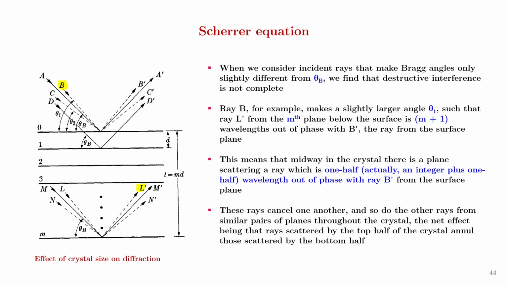These rays cancel one another, and so do the other rays from similar pairs of planes throughout the crystal, the net effect being that rays scattered by the top half of the crystal annul those scattered by the bottom half. The intensity of the beam diffracted at an angle 2 theta 1 is therefore 0.